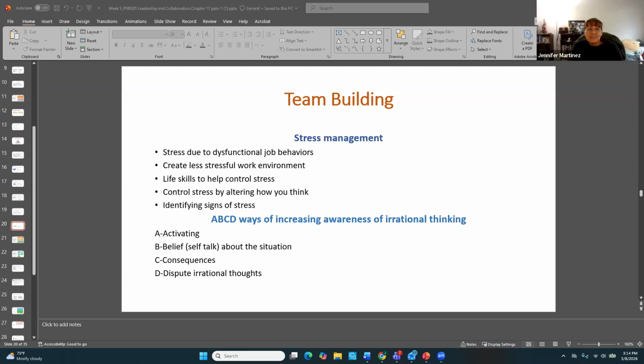What are some things that we need to start doing? And what are some things that we are doing well? So we need to be able to identify the stress so that we can work with those members on the unit in order to make it a more cohesive environment.